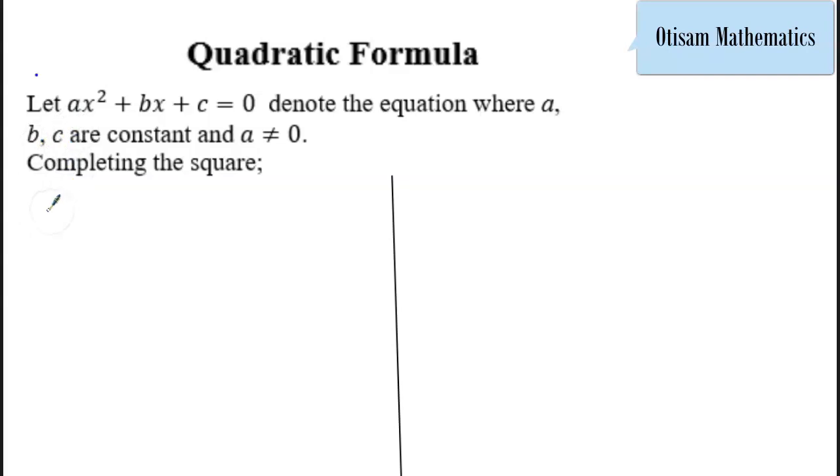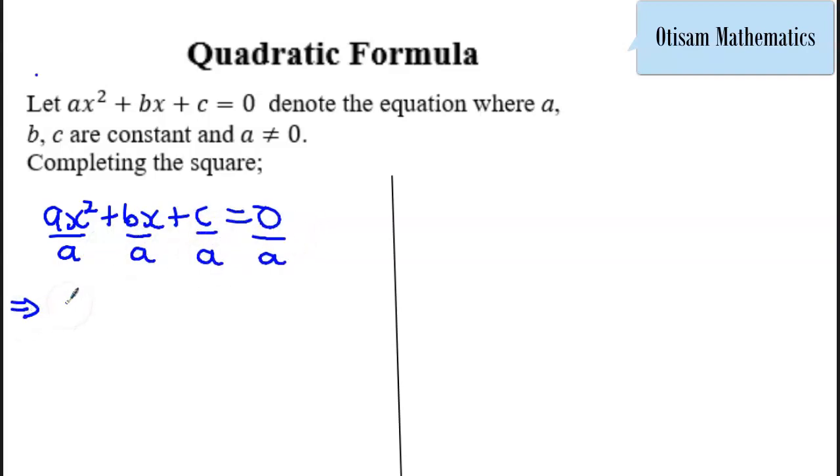So a quadratic equation is of the form ax squared plus bx plus c is equal to 0. Now, completing the square, let's divide through by a. So you divide this side by a, divide this side by a, divide this side by a.